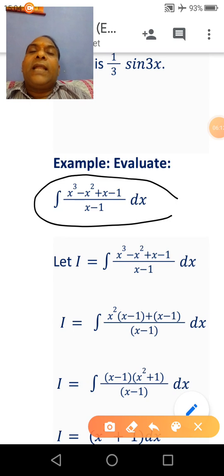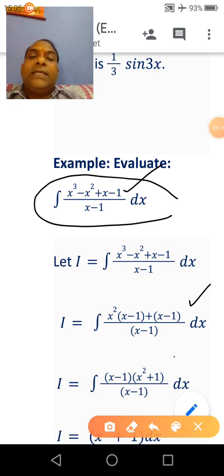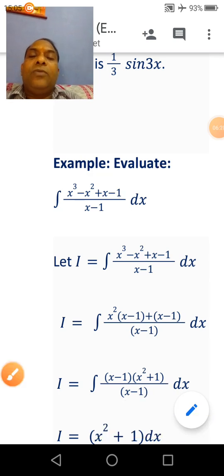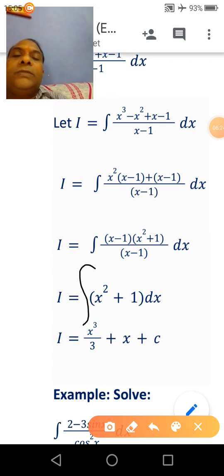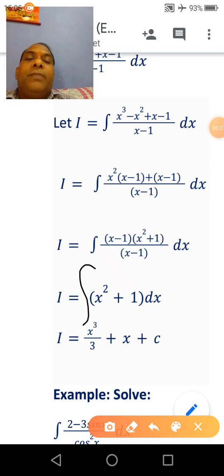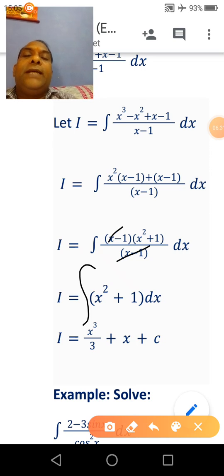So now factorize the numerator. By factorization, x minus 1 will cancel out. So this will be equal to integration of (x square plus 1) dx, because x minus 1 and x minus 1 will be cancelled out.